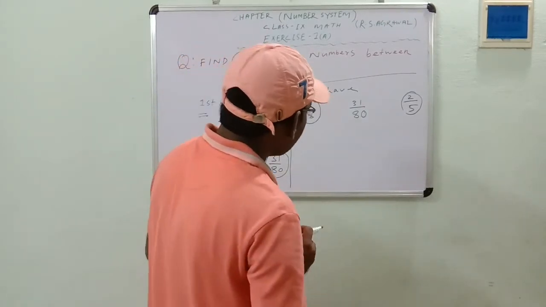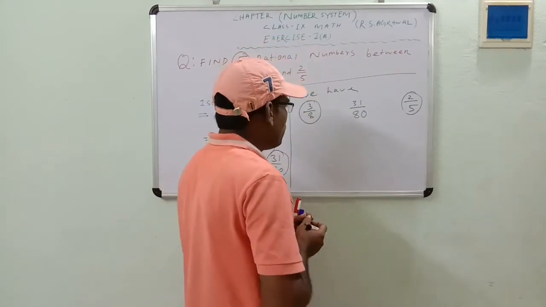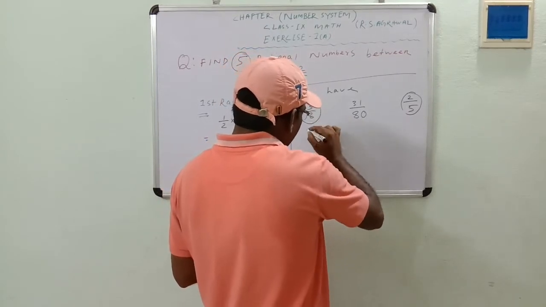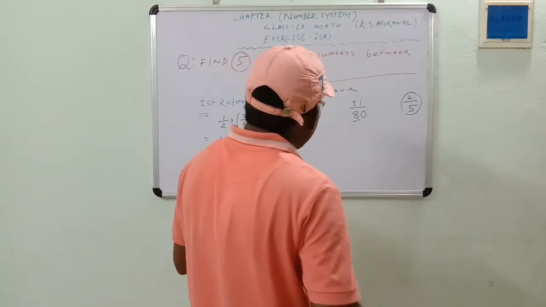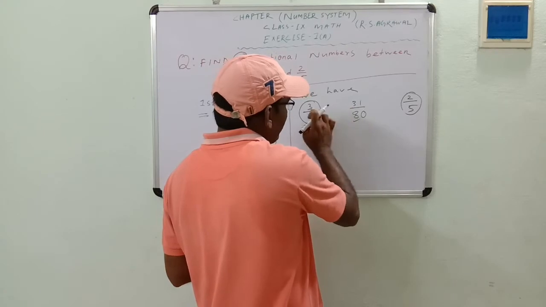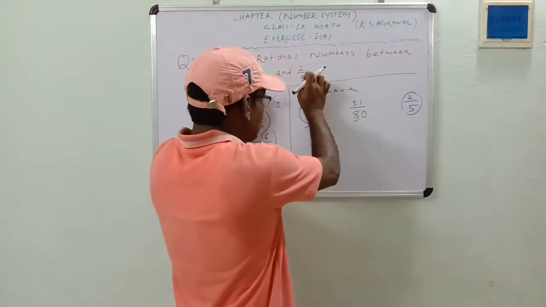Therefore, now you have to follow the same procedure and find a rational number between this one and this one. It means if you find out a rational number between these 2 rational numbers, then it will be your second rational number between these 2.